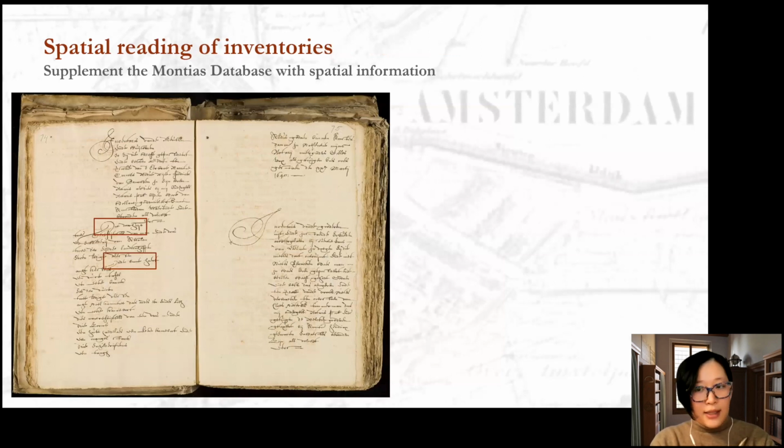To address this issue, the present research expands and supplements the spatial information for the inventories of ordinary Amsterdam houses in the Montias database.